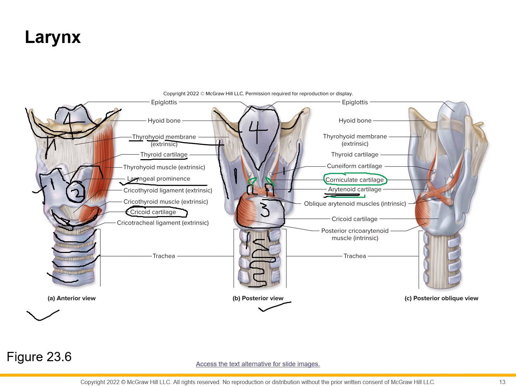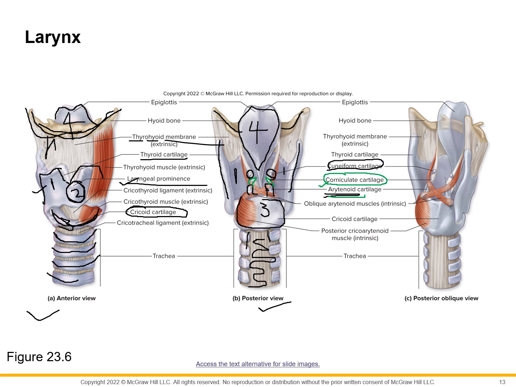The superior ones that sit on top of the arytenoids are the corniculate cartilages. The last cartilage here is even tinier, and it's on the superior and lateral sides of the corniculates, and that is the cuneiform cartilage.